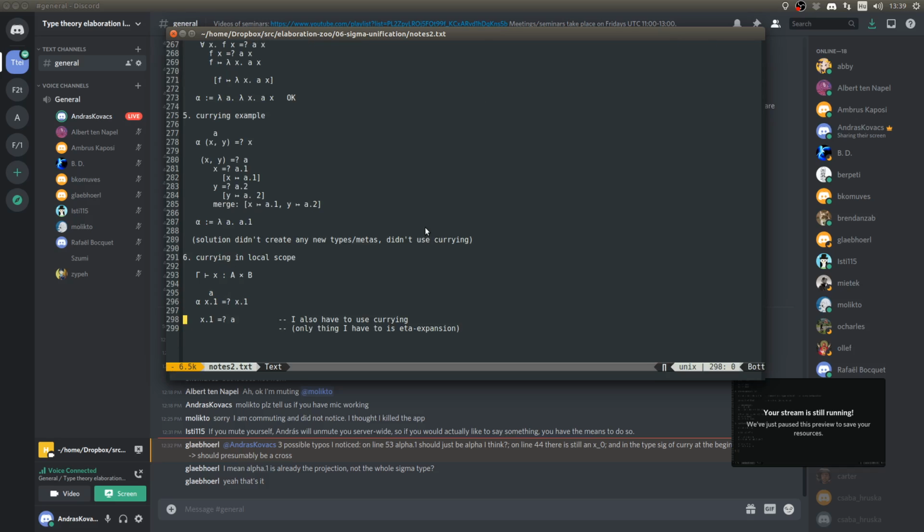And the nice thing about my algorithm is that the only thing that I have to additionally implement is this eta expansion operation for metas, but also for local variables. And it is possible to implement this expansion in a way which does not have to construct the actual isomorphisms.